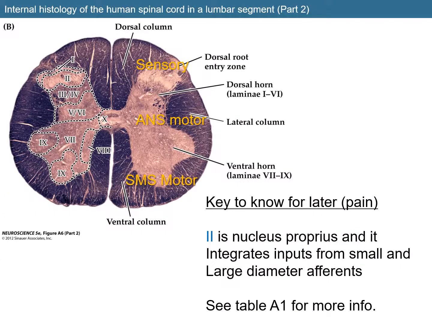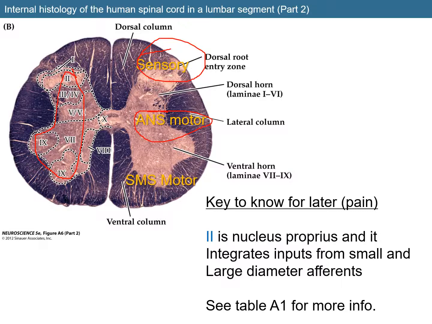This last slide shows you a little bit more about this idea, the sensory incoming information, right, into the dorsal root. And then they go up to the brain. There's a lot more information that you'll see in the book about all the different subregions within these different sensory and motor regions. The lateral region here, the lateral column, is all the outgoing autonomic nervous system motor neurons.